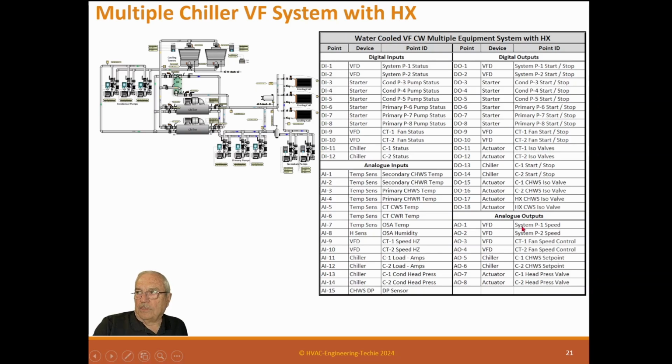Analog outputs: P1 speed, P2 speed, cooling tower 1 fan speed control, cooling tower 2 fan speed control, chiller 1 set point, chiller 2 set point, and chiller 1 head pressure valve, chiller 2 head pressure valve.